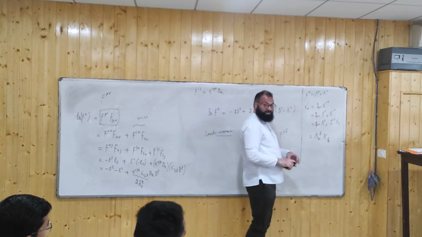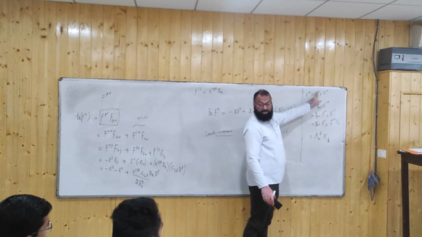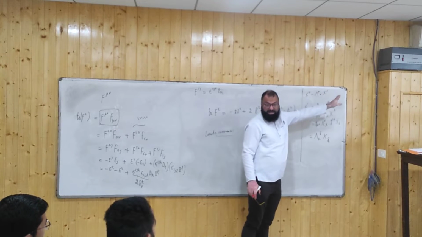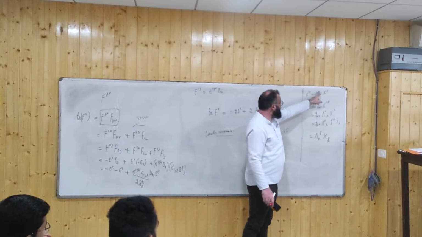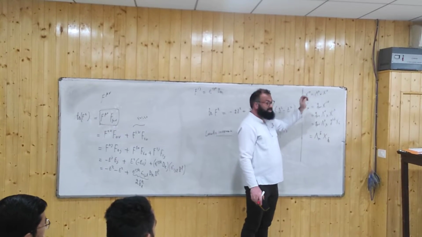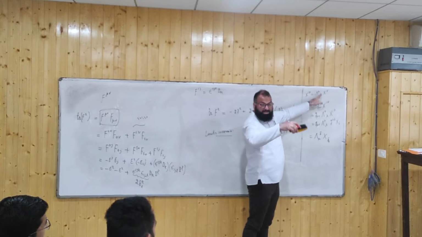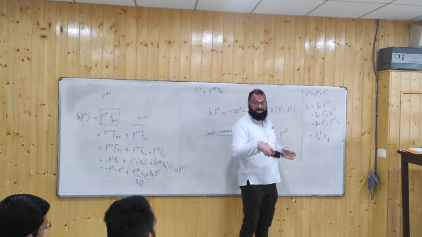Clear? Look here, I have put this mu on the top left, and then in the bottom I just shifted it. I have not aligned them, I have not put mu and nu in the same line, just to remember this thing. If you take mu to be the row index, you can take nu as the column index. Clear?